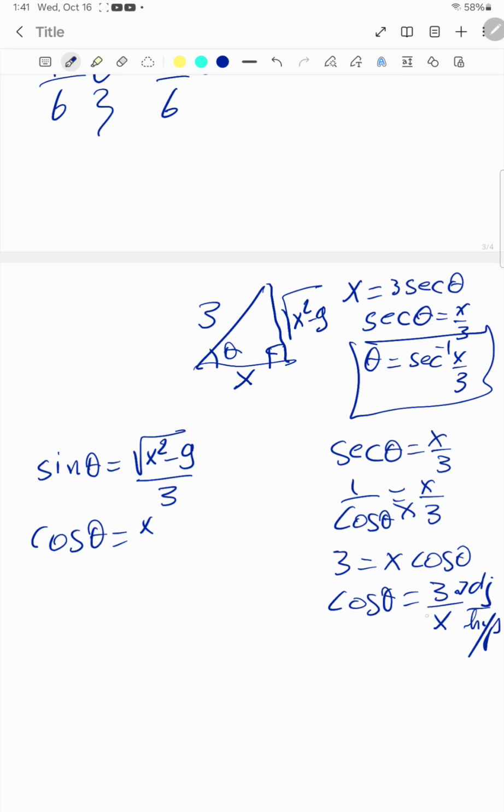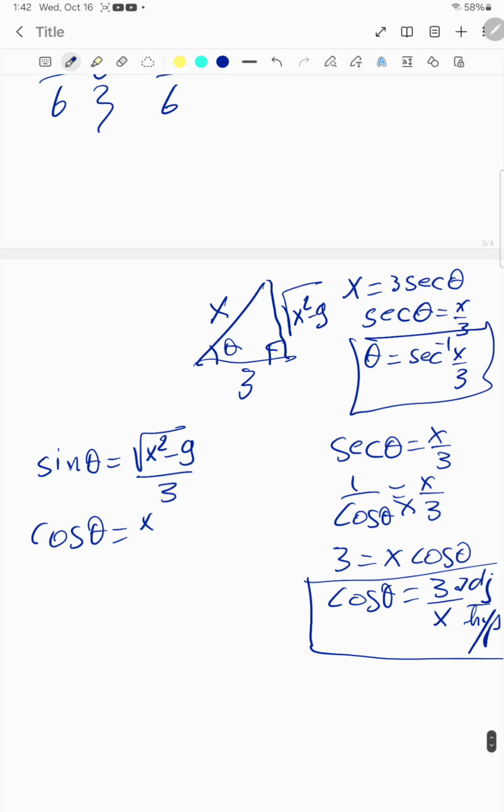One minute. Did I make a mistake here? The adjacent is 3 and the hypotenuse is x. Yes, I made a mistake here. The adjacent is 3 here and the hypotenuse is x. Sorry for that.